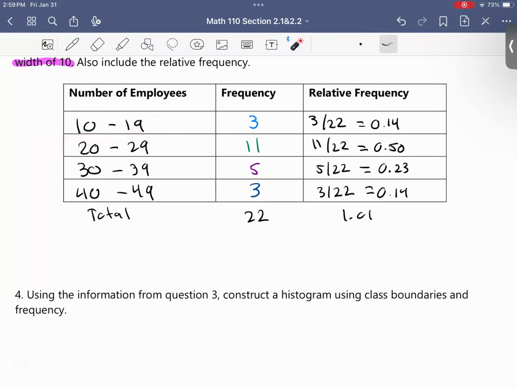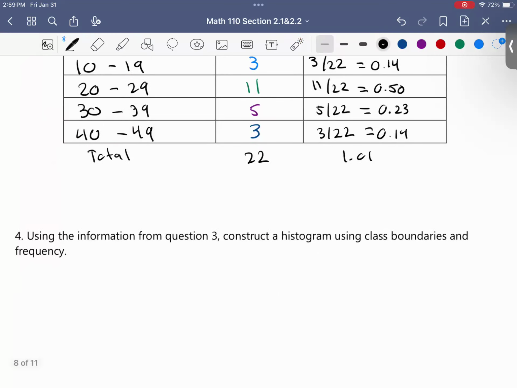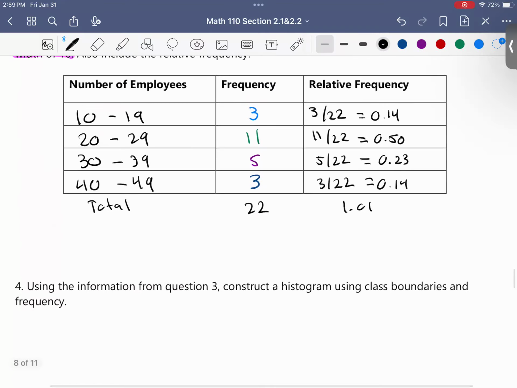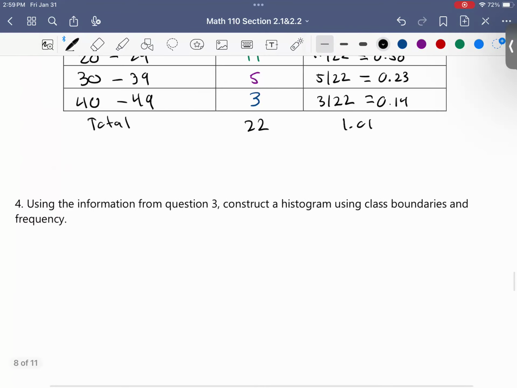So it's the space between 19 and 20, between 29 and 30, and between 39 and 40. I need to calculate that space, and what we're really going to do is find the midpoint between 19 and 20. So let me do this. Class boundaries.